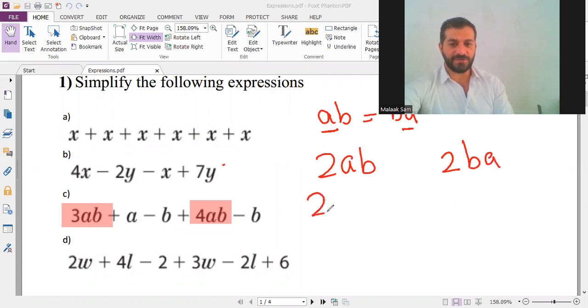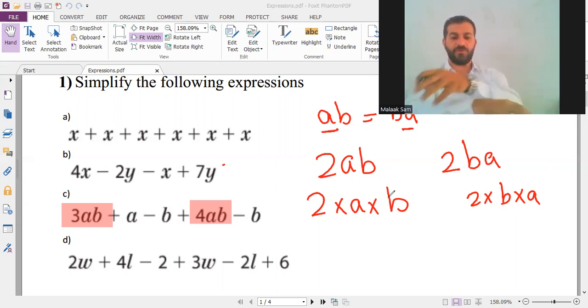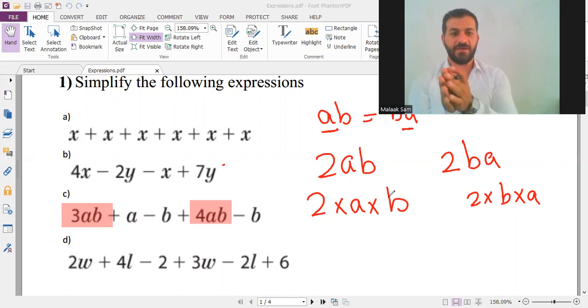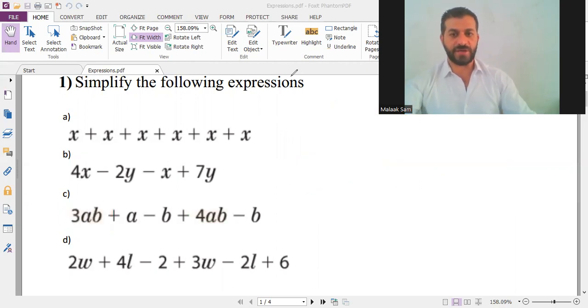Because 2ab is 2 times a times b, and 2ba is 2 times b times a. And you know that multiplication is commutative. We can say a times b, or we can say b times a. They are the same. So let's go back to the question again.